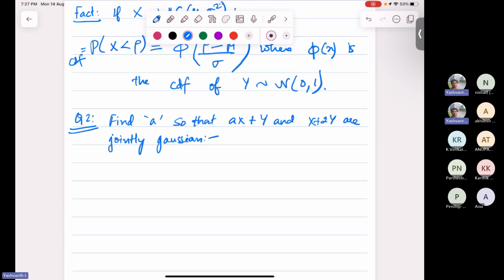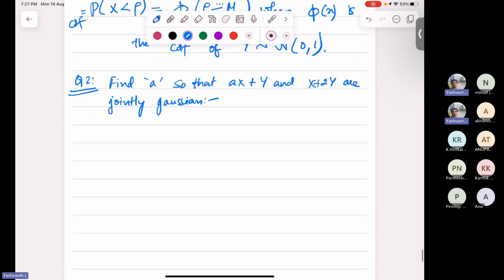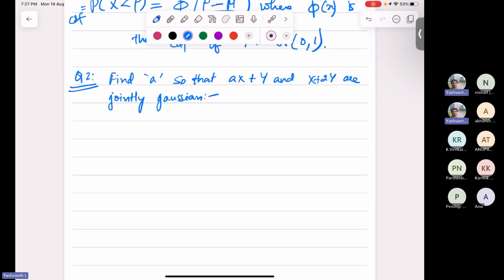Now, if you remember, we saw a property that if two random variables are jointly Gaussian and their covariance is 0, then they are independent.